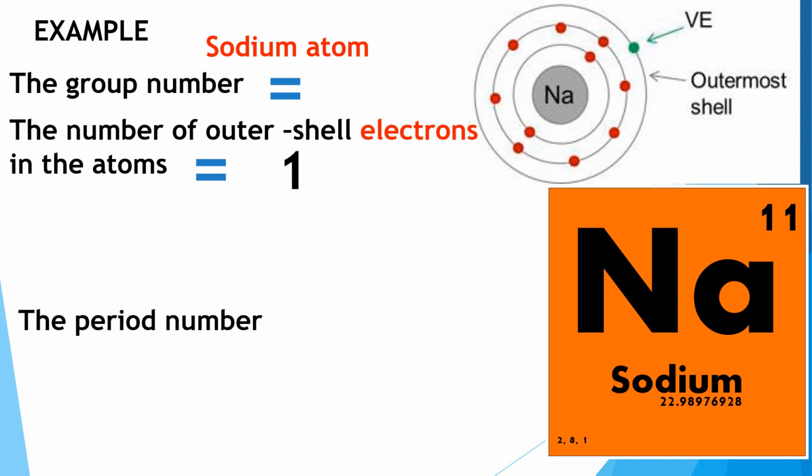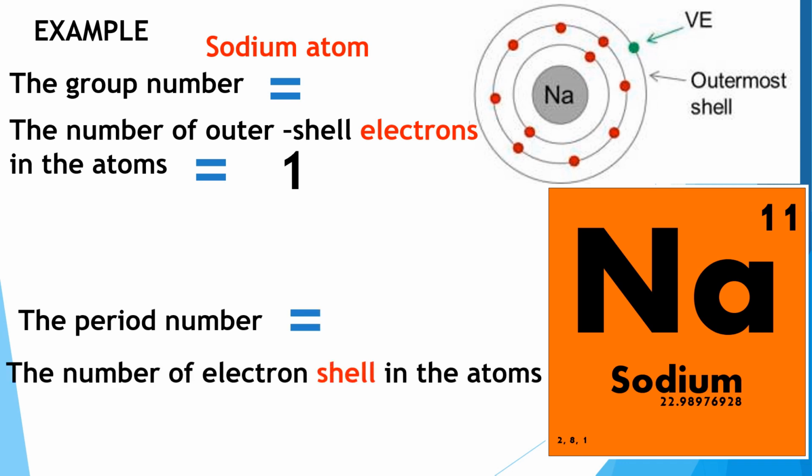If we need to know the period number, it equals the number of electron shells in the atom, which equals 3. We count 1 shell, 2, 3. These are 3 shells, so the period number equals 3.